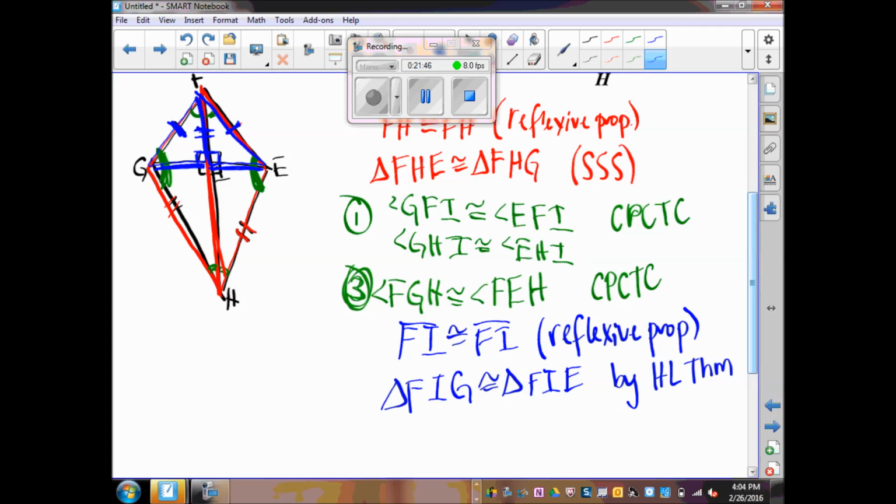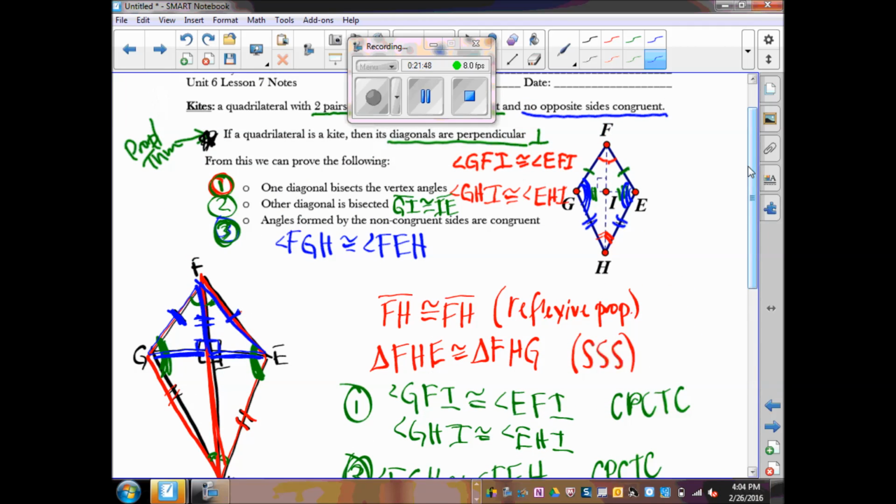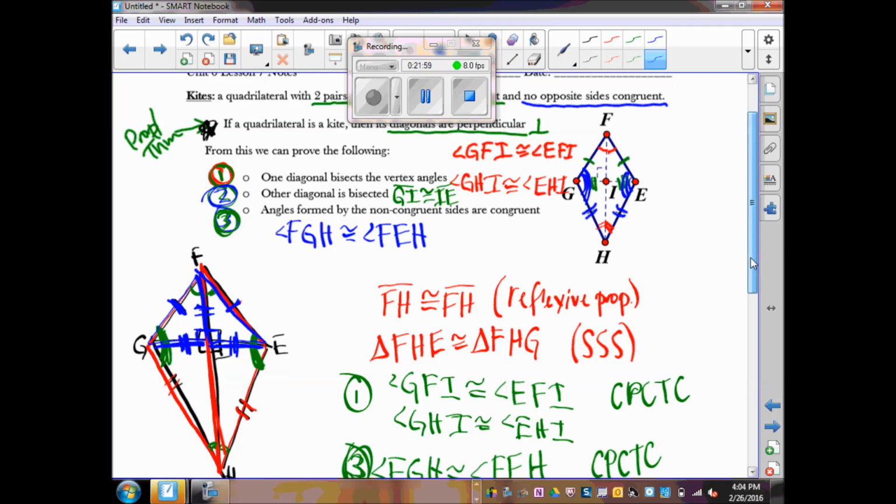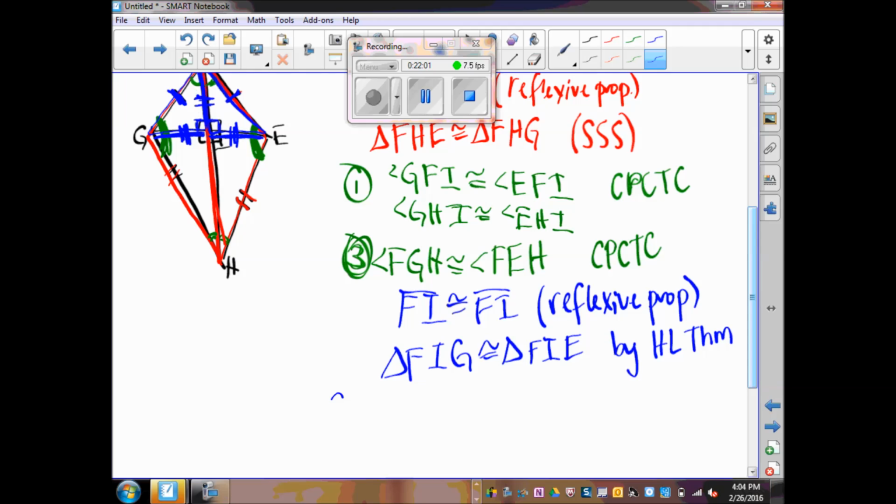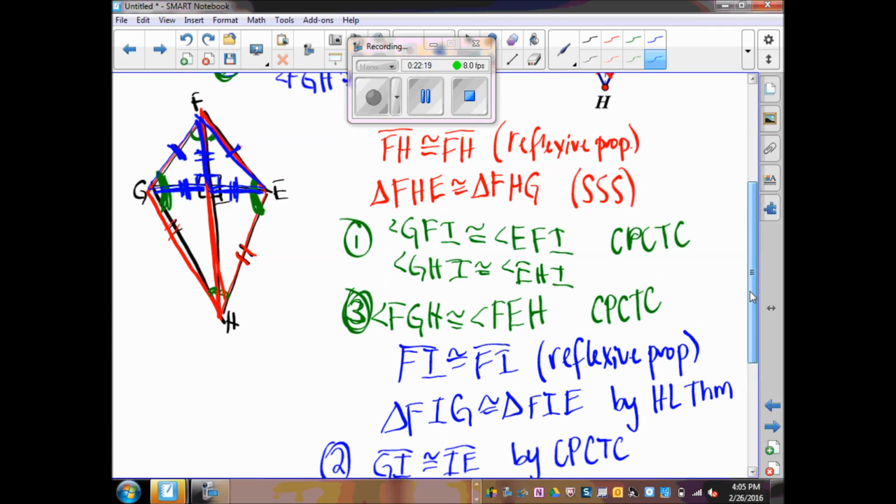And again, that's what we had up here for the second one. GI is congruent to IE. One of my diagonals is bisected. All right, so let's go and write that out. So then from here we have that second property that GI is congruent to IE. And again, we know that by CPCTC. So just with two sets of congruent triangles, that's how we got those properties there.